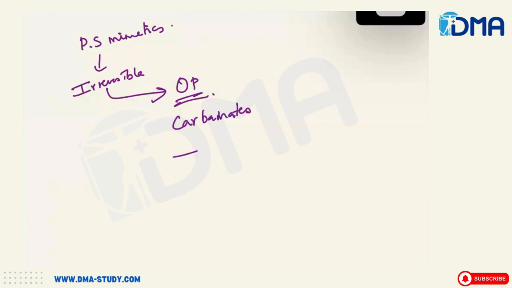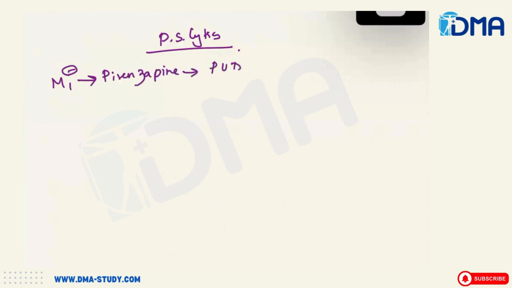So coming to the parasympatholytics, depending on the receptors, there are few drugs which act. If you take the receptor spectrum, parasympathetic receptors means M1, M2, M3, right? So M1 receptor blocker would be pirenzepine. Pirenzepine is used in the treatment of peptic ulcer disease. Second, M2 blocker would be tripitamine.